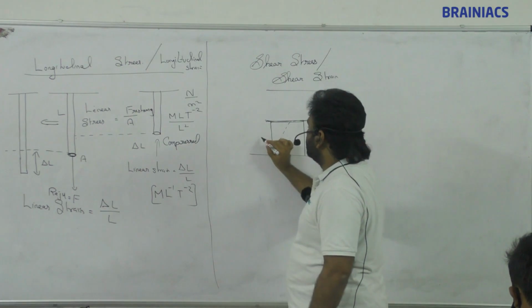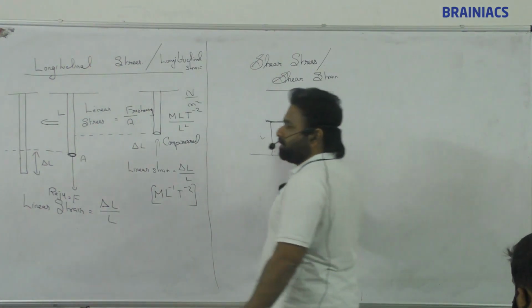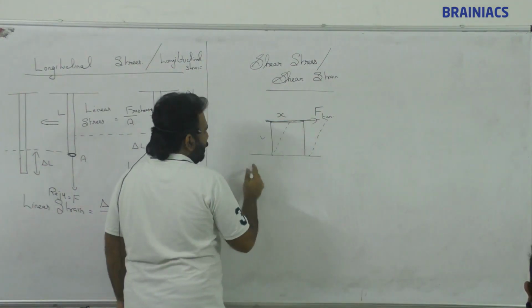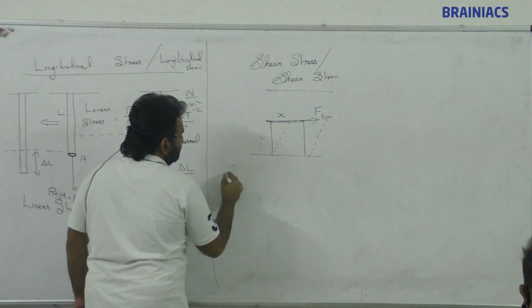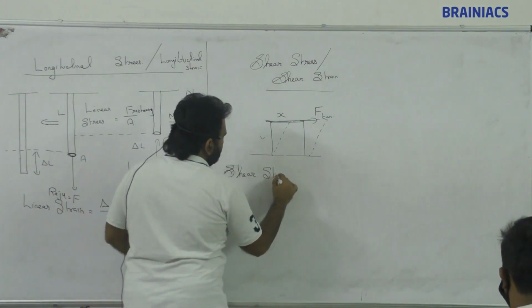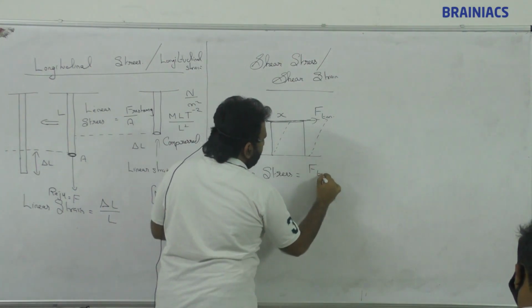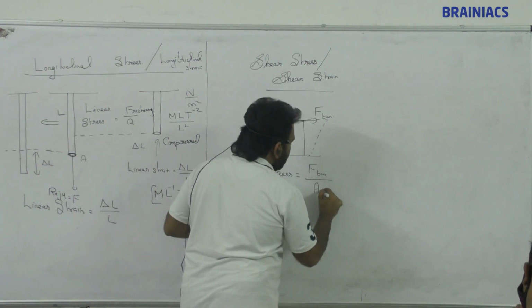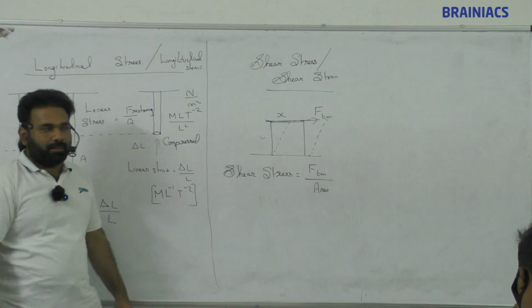Suppose this length is L, and the displacement we name as X. Shear stress is equal to F tangential divided by area.